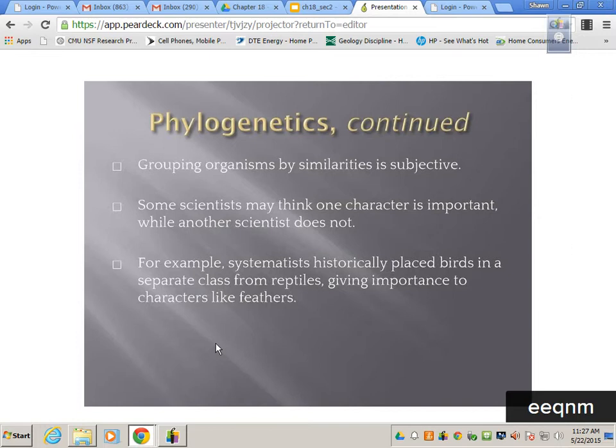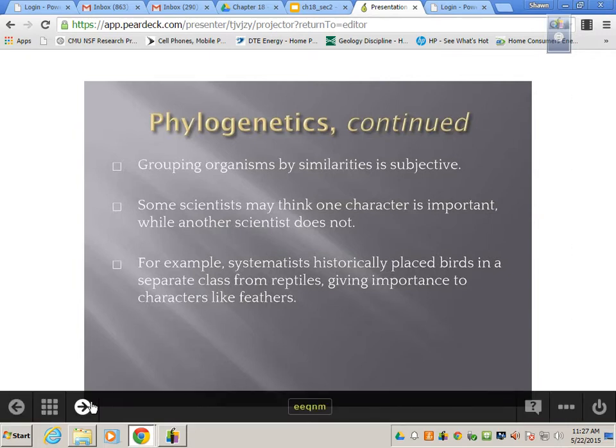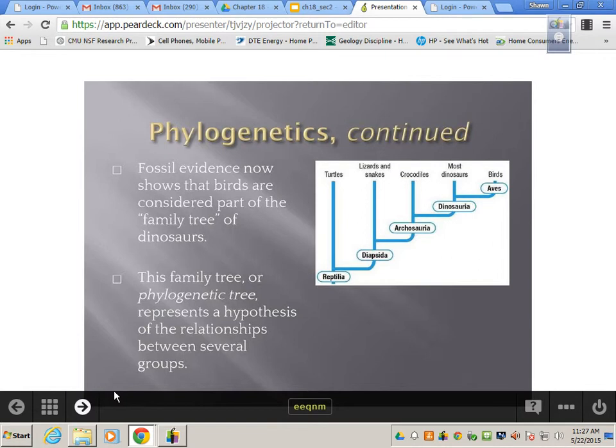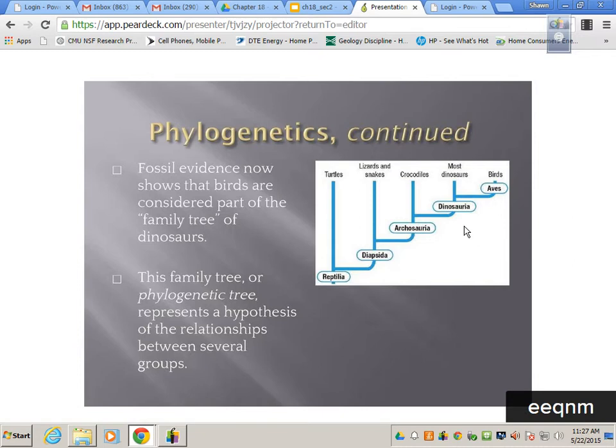We now know that's not as important. And fossil evidence now shows that birds are considered part of the family tree of dinosaurs. So we look at birds and we see, oh, they're actually a descendant of the dinosaurs. And this family tree or phylogenetic tree represents a hypothesis of the relationships between several groups.